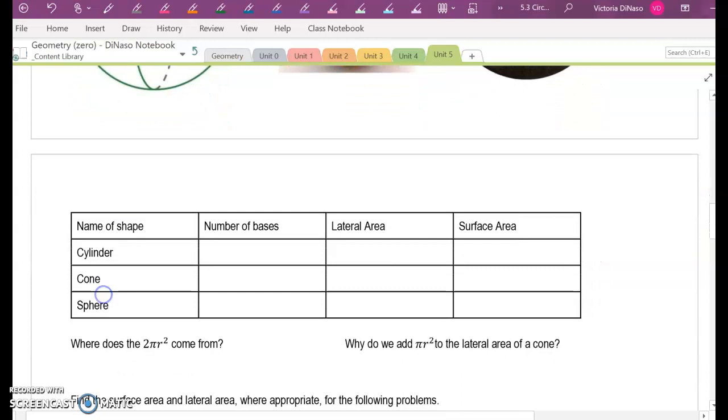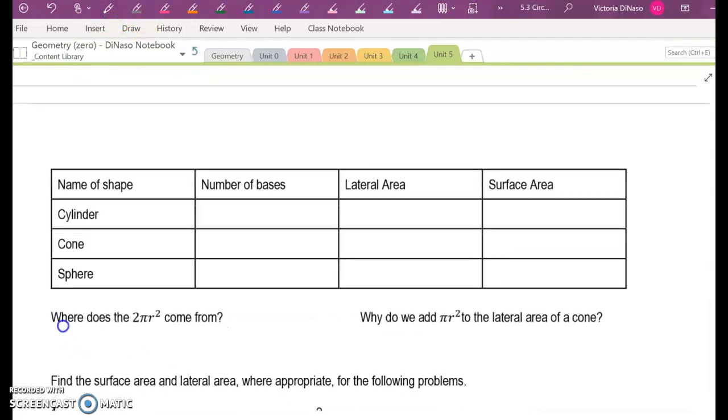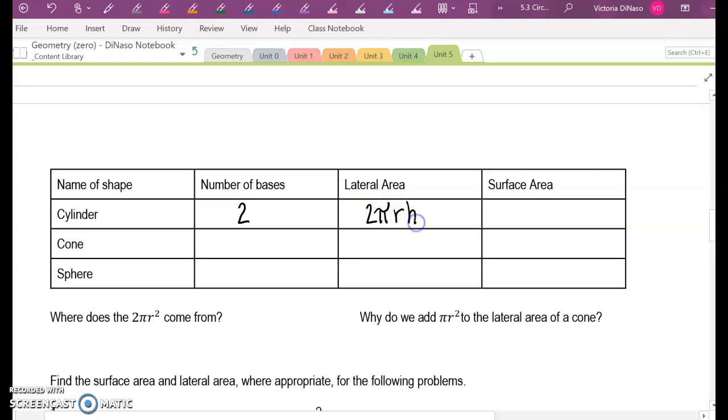All right, so let's talk about the name of the shape and the number of bases. For a cylinder, all cylinders have a top and a bottom. Think of a soup can. There are two bases. And then to find the lateral area of a cylinder, you're going to do 2 pi r h.